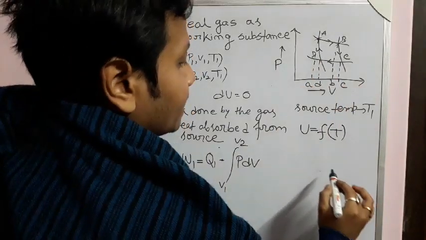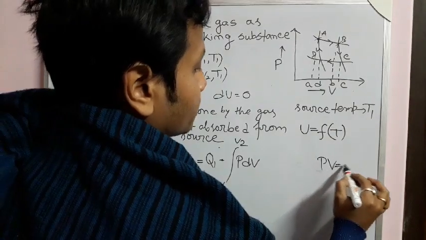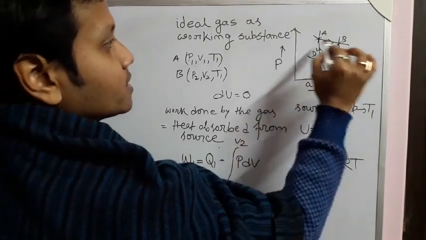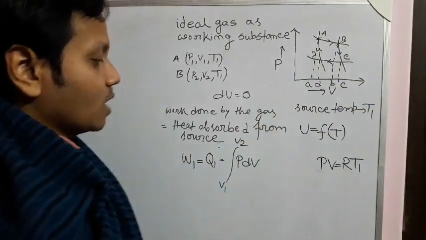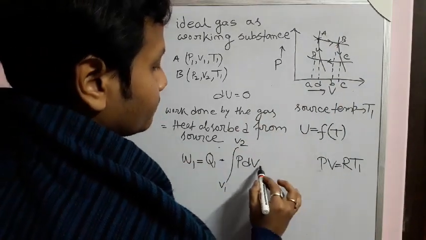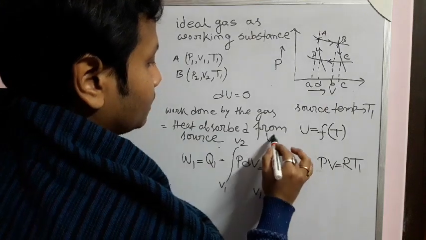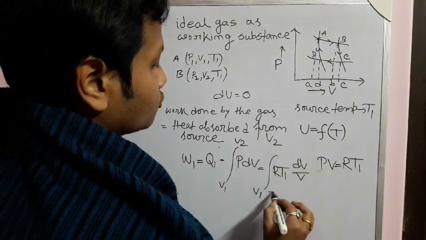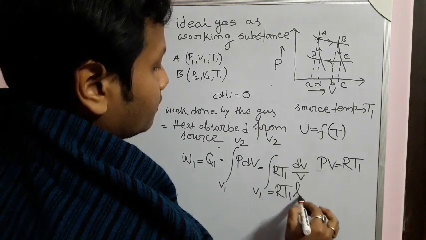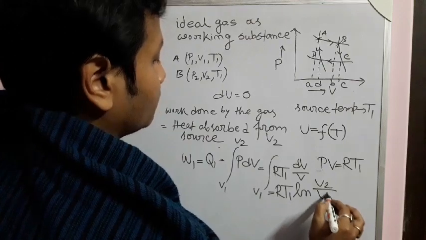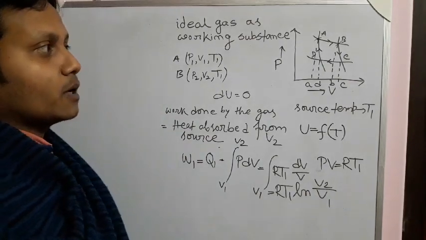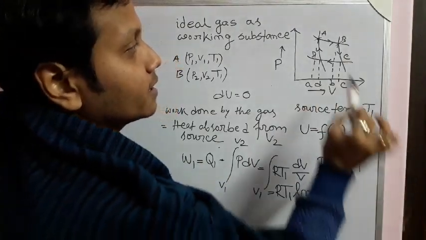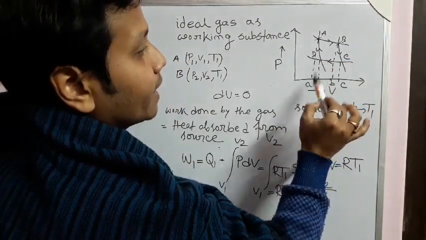Now we consider an ideal gas, so we use PV equal to RT, and since the temperature is T1, P will be RT1 by V. That means RT1 dV by V, so we can write W1 equals RT1 ln V2 by V1. This is the expression of W1, and we know that work done is equal to the area under the curve AB.